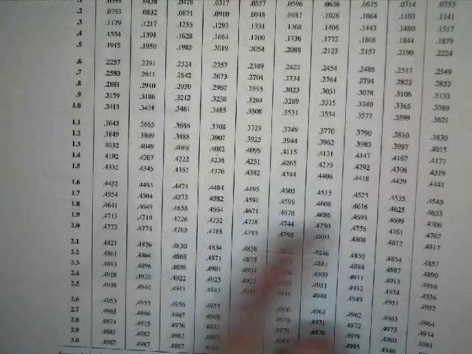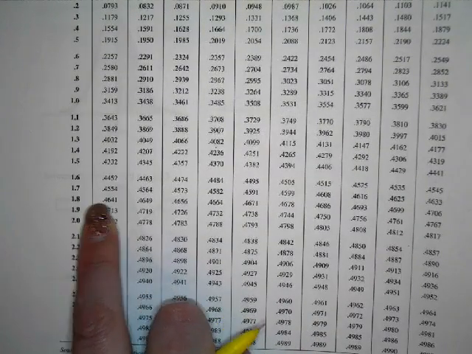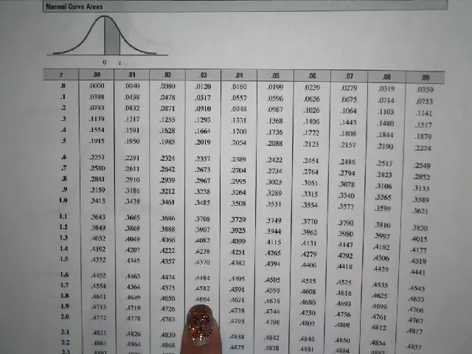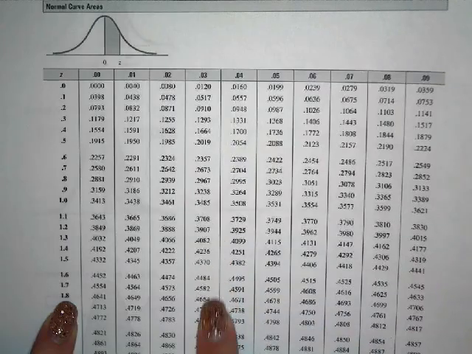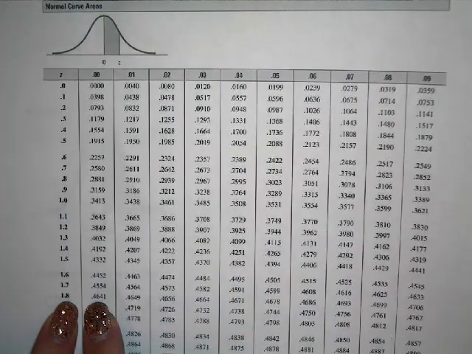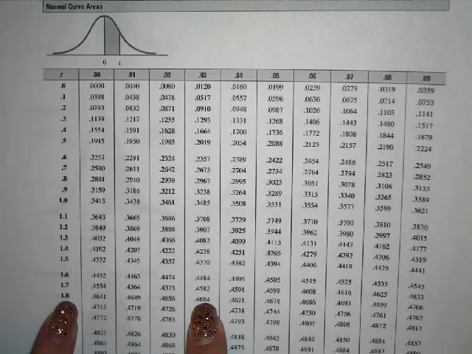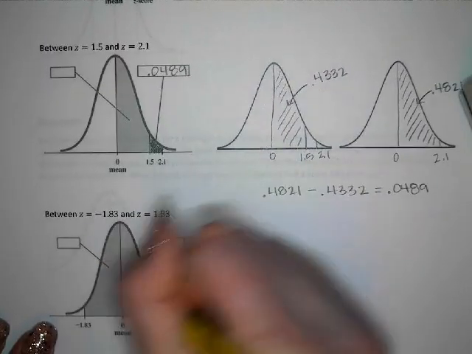Here's 1.8. And then I have to go to 1.83, which is right here. And I know that because here's the 3. So this is 1.80, 1.81, 1.82, 1.83. So it's 0.4664.